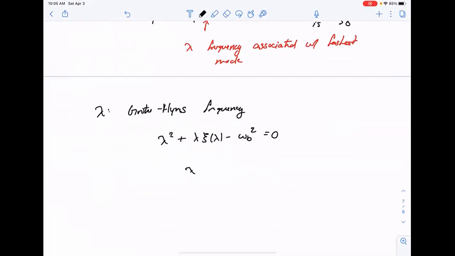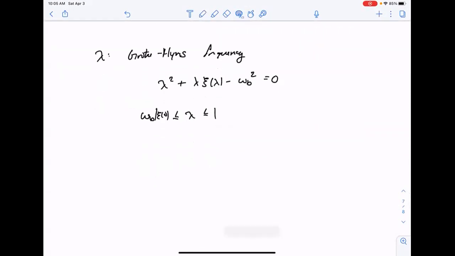Turns out lambda is bounded by 1 from above, and by omega times the friction evaluated at 0 from below. That's a geometric argument from this equation.